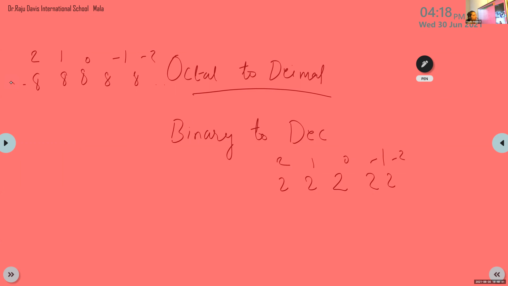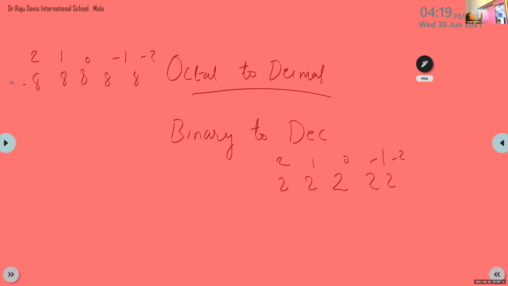Is it clear? In octal to decimal conversion, the position value of each digit is 8 raised to 0, 8 raised to 1, because we are converting an octal number to decimal. If you are converting binary to decimal, the position value is 2 raised to 0, 2 raised to 1, etc., because binary means 2.